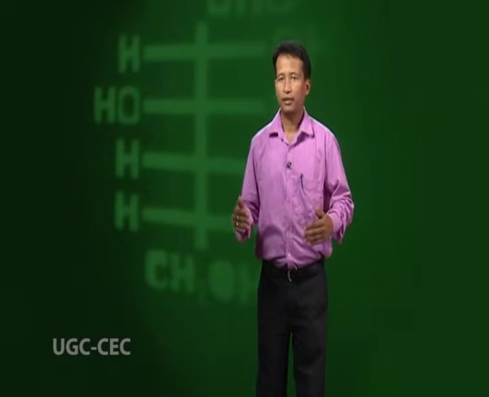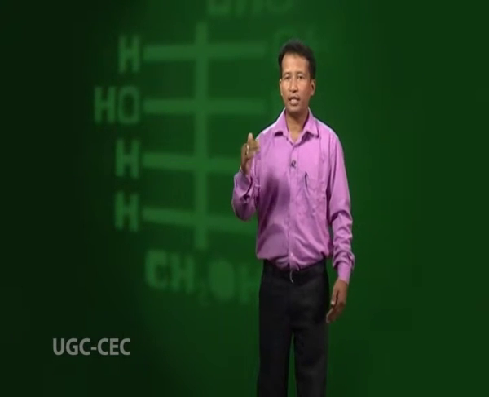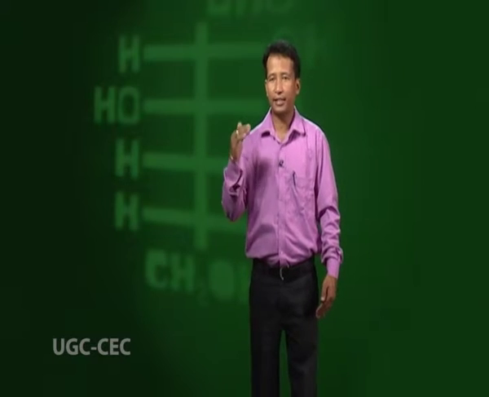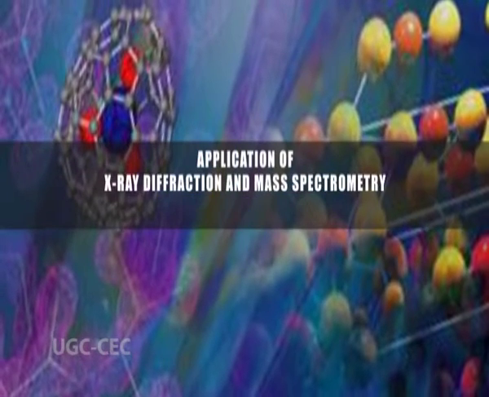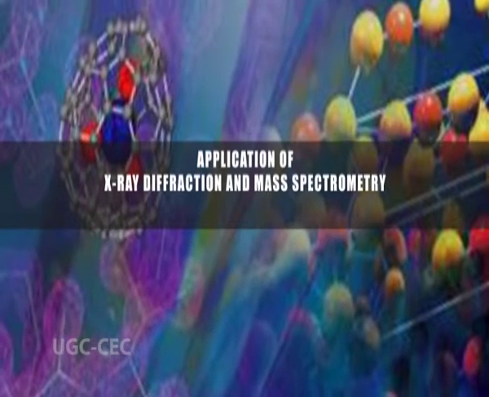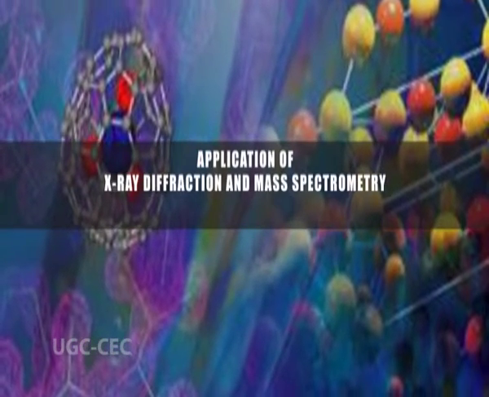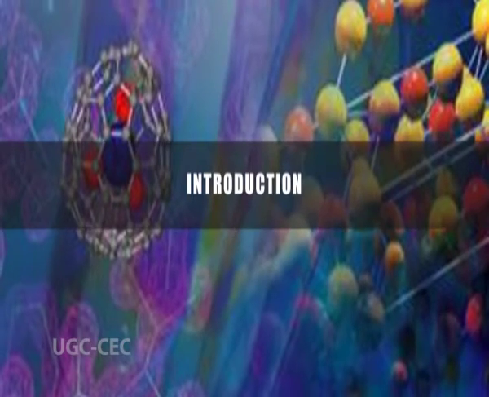Dear students, today let us discuss the introduction to the application of X-ray diffraction and mass spectrometry. The functional properties of biomacromolecules are closely related to their complex three-dimensional structure as well as their molecular mass.